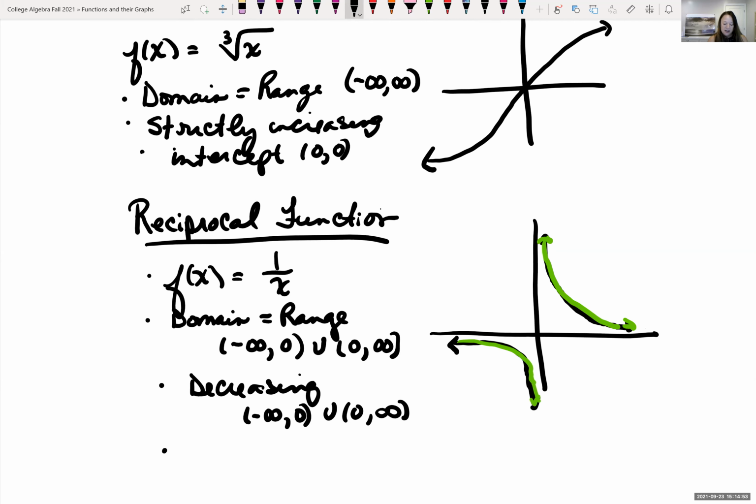I forgot to mention, some of these things have symmetry, and I had mentioned it for this one, but I forgot to mention it for the other function. So this one is symmetrical with the origin.